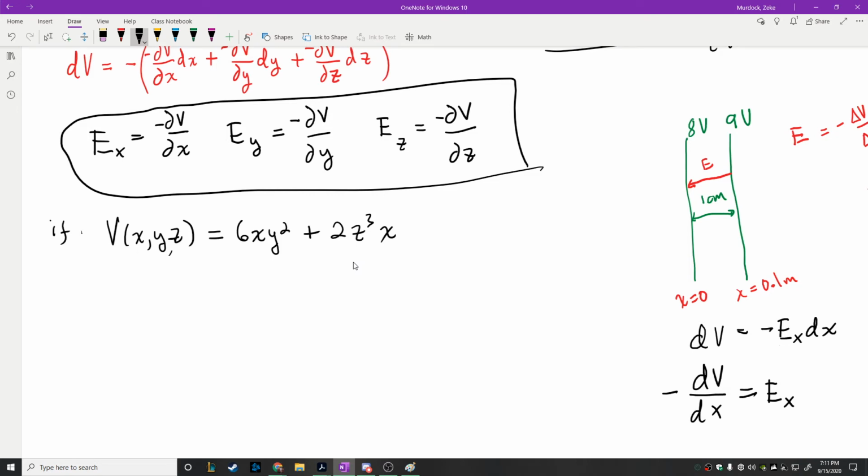Then I could find each one of my components by doing this process.